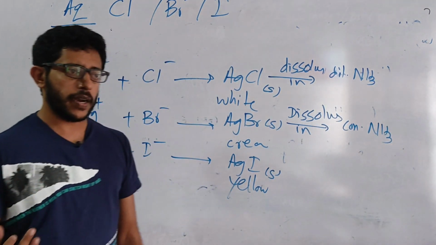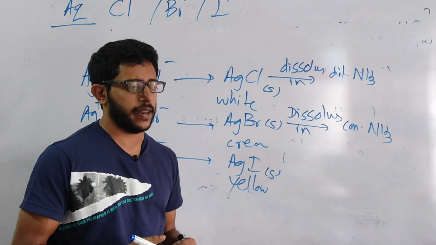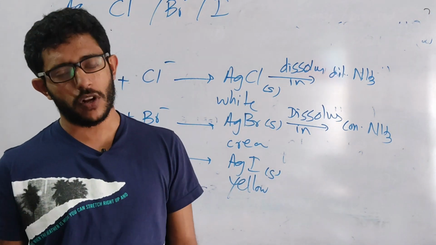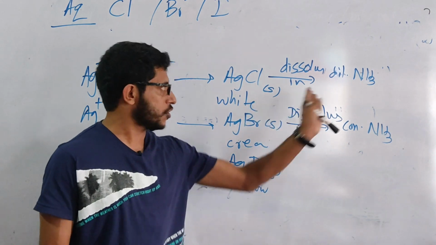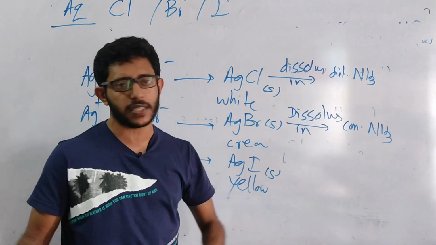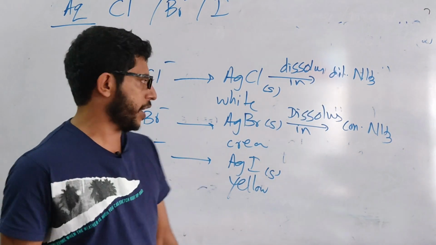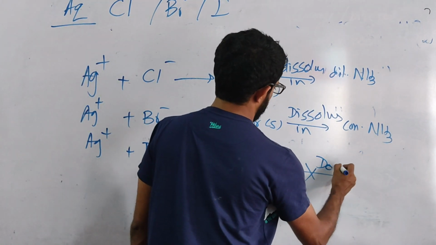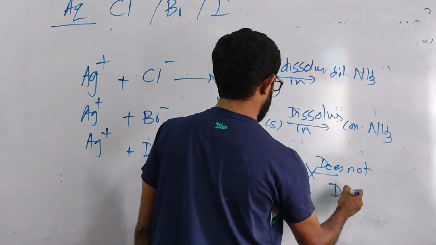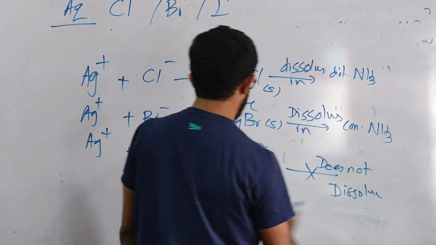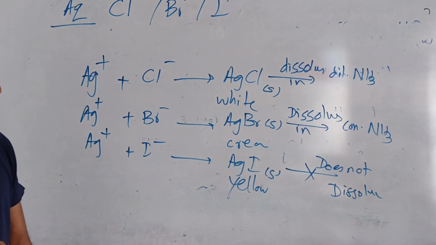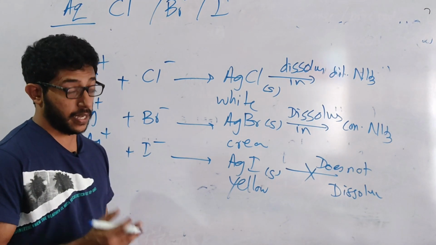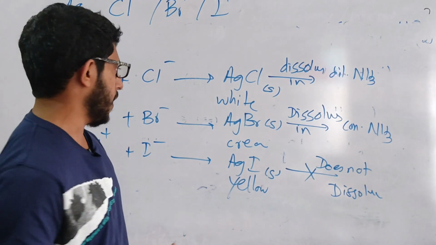Now when you have concentrated ammonia, at first we can't really say whether it's a chloride or a bromide, because AgCl can also dissolve in concentrated ammonia. It dissolves in dilute ammonia as well, so obviously it dissolves in concentrated ammonia. AgI does not dissolve. So that's the main difference with silver iodide. It doesn't dissolve in concentrated or dilute ammonia.